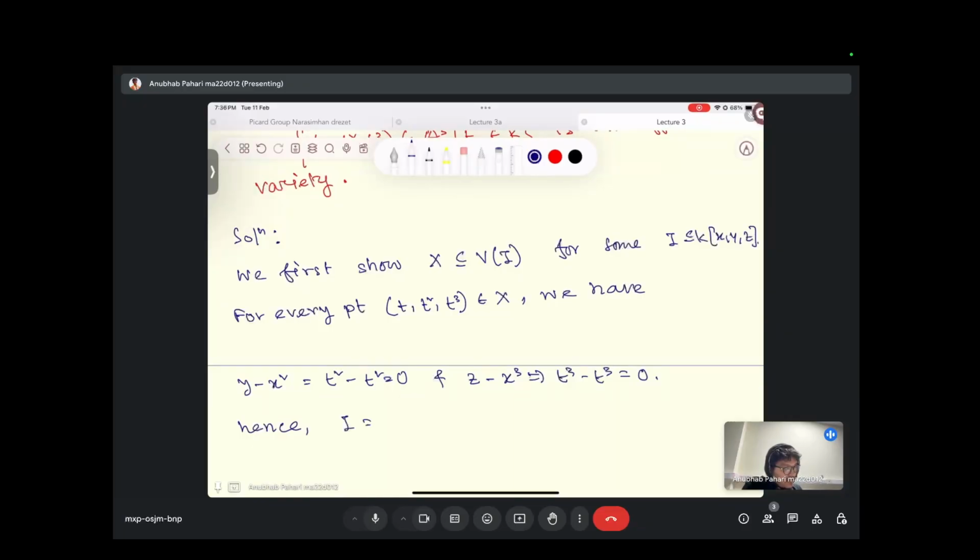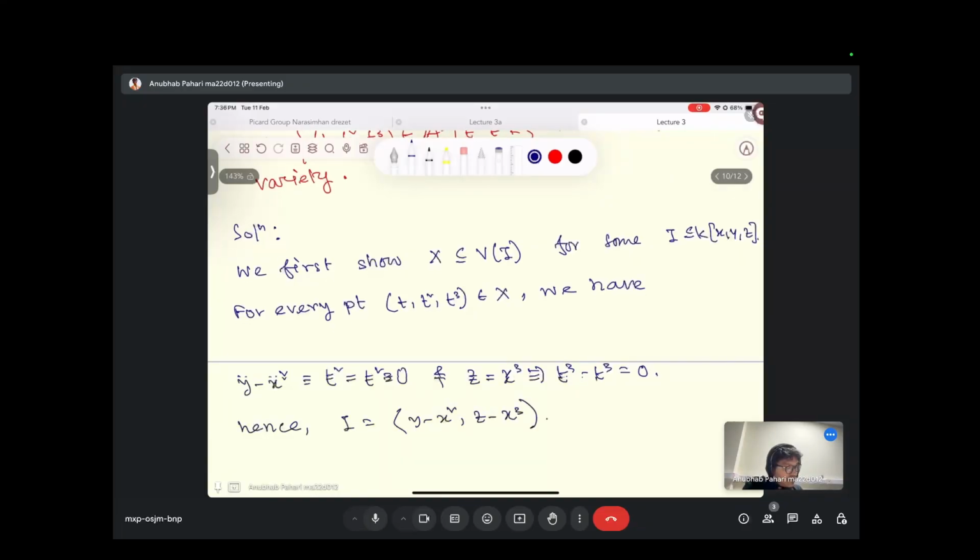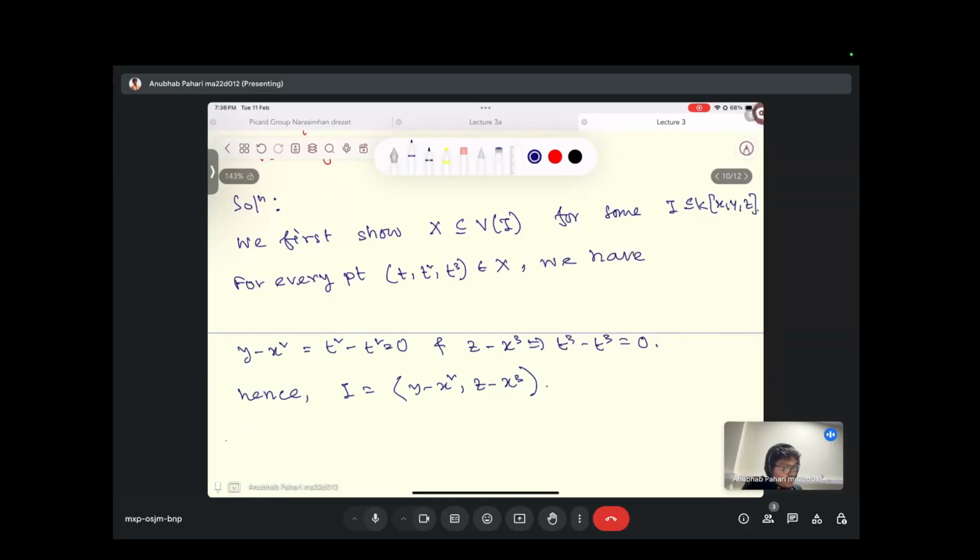So hence, if I take I to be (y minus x^2, z minus x^3), one sees that x belongs to V(I).